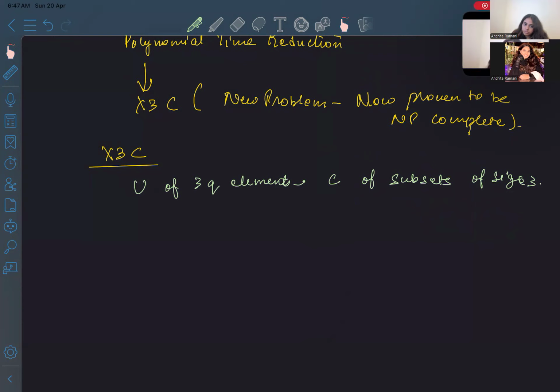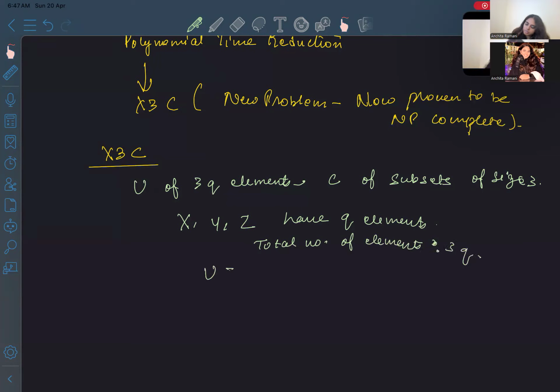So how are we going to do this? Let's say we have sets X, Y, Z, and they each have Q elements. So the total number of elements is going to be 3Q, right? So U equals X union Y union Z. This will be the universe for the X3C problem.